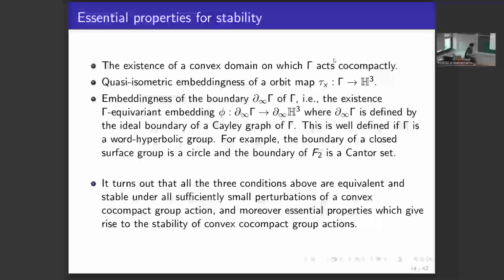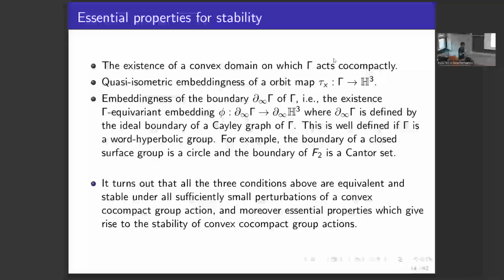Convex co-compact group action can be defined in many ways. The first definition is just using the convex domain. But there are many equivalent conditions for convex co-compact group action. So what is the essential property for stability? First, the existence of the convex domain, by definition.